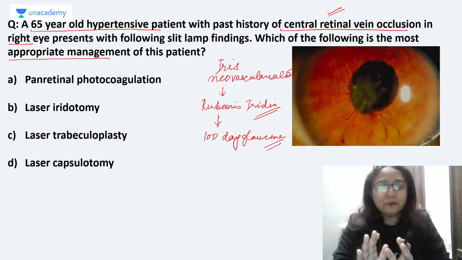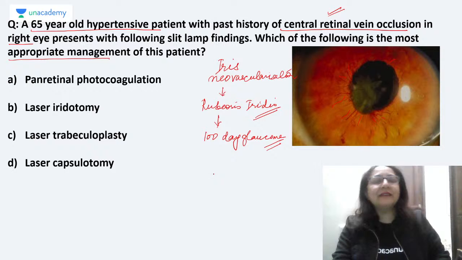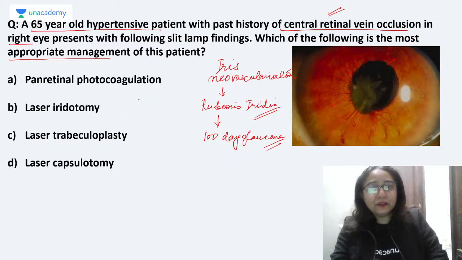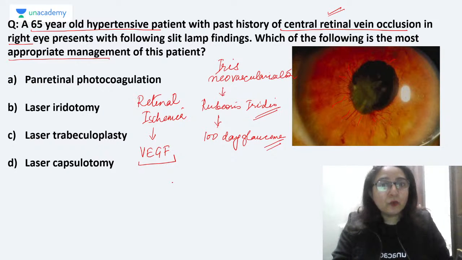Now friends, for deciding the management, we have to see what is the basic reason for this iris neovascularization. The basic reason is retinal ischemia, because in central retinal vein occlusion, the retina becomes ischemic. This ischemic retina is producing increased levels of VEGF, vascular endothelial growth factor.